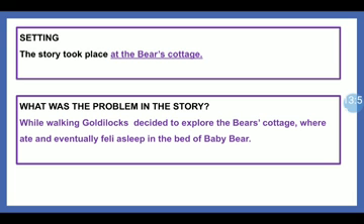The next thing that we need to identify is our setting. When we speak about setting, we're speaking about where your story took place. So in this case, the story took place at the Bears' cottage.